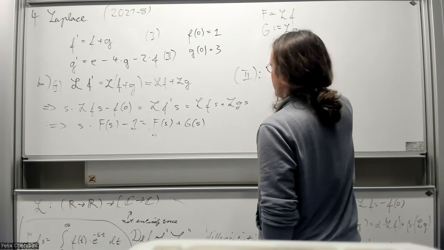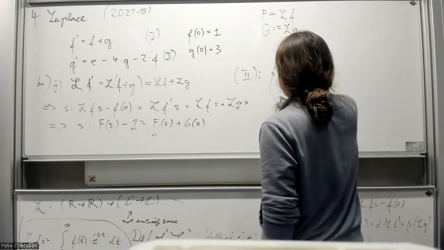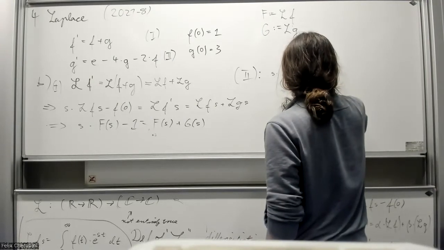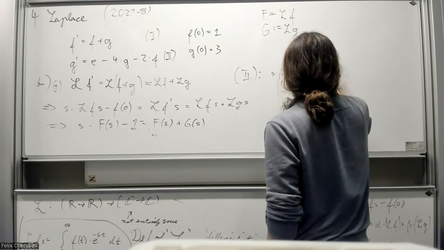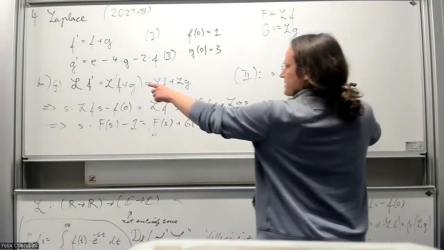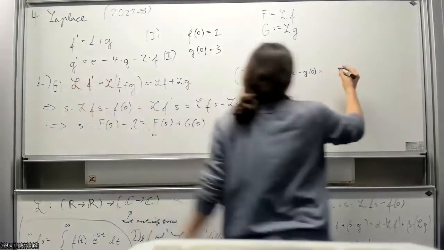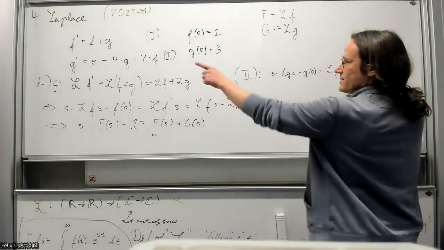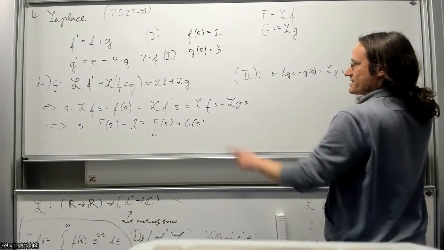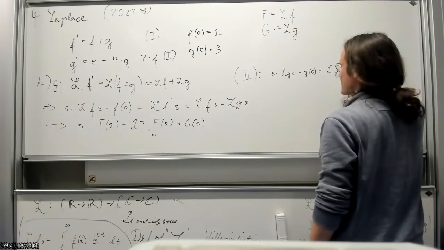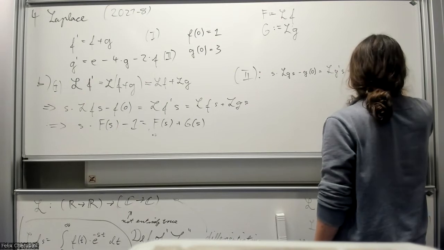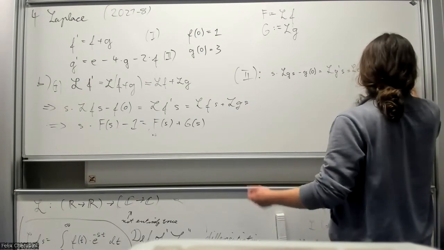Same thing with the derivative: s times G of s minus g of 0 is equal to Laplace of g prime of s, which is equal to Laplace applied to this whole thing, which is Laplace of e to the t minus 4 times g minus 2 times f, by linearity.